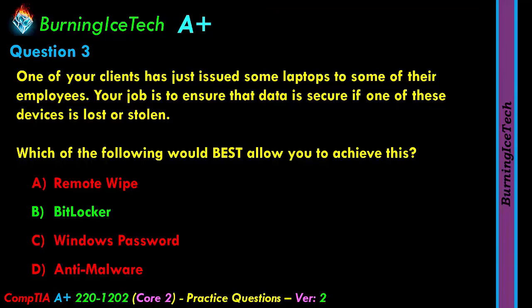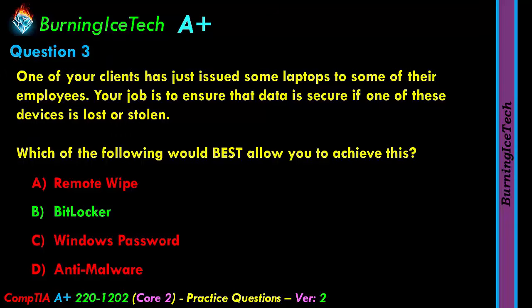Anti-malware, well guys, that is just to prevent malware, ransomware, spyware, viruses, Trojan horses and stuff, but it does not prevent somebody from getting onto your device. There could literally be zero malware on your device and somebody could still get onto your device. So it's somewhat unrelated here. So it's kind of between answer A, B, and C here. B being the best answer, C being the second best answer, and A, well, yeah, it's not a very good answer, but it is still an answer.